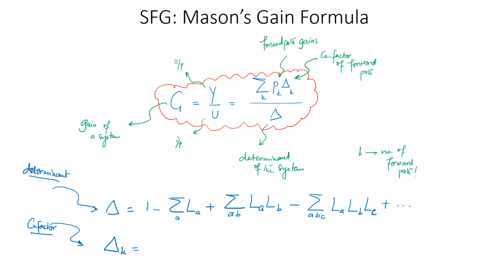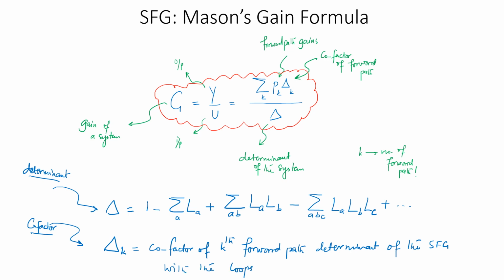In that particular case, it is going to be the cofactor of the kth forward path: the determinant of the SFG that we have constructed with the loops which touch the kth forward path removed.